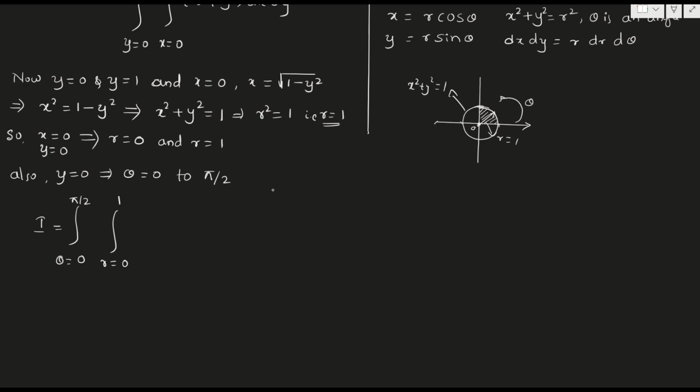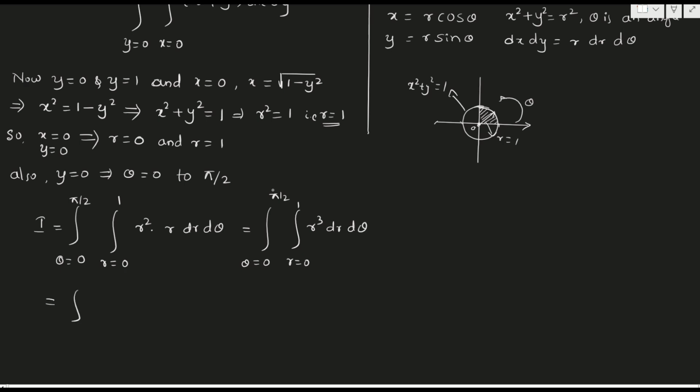Now x square plus y square is r square, so it is r square into dx dy, and dx dy is r dr d theta. So this is theta from 0 to pi by 2, and r cubed dr d theta. We'll write one more step: r varies from 0 to 1, r cube dr into d theta.